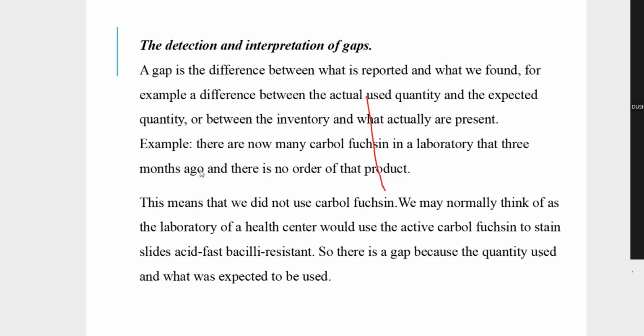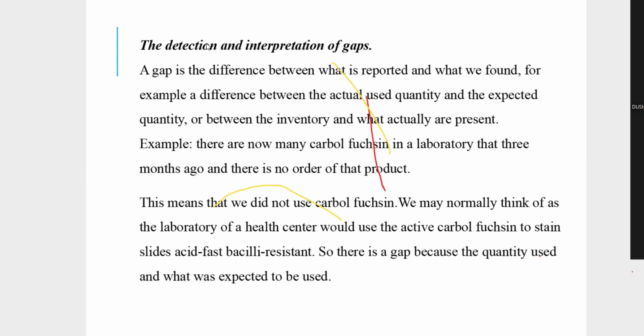After inspection, you can show an example. If there are now many carbol fuchsin in a laboratory, this is the stain that is used in gram staining in the laboratory, and it was last ordered 3 months ago, and there is no order on that product. This is the gap.